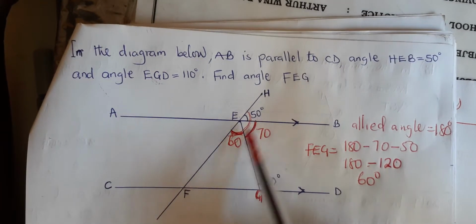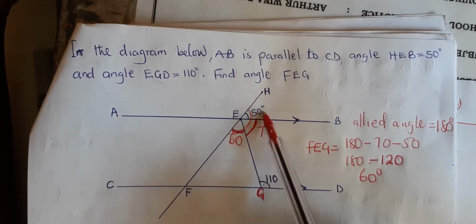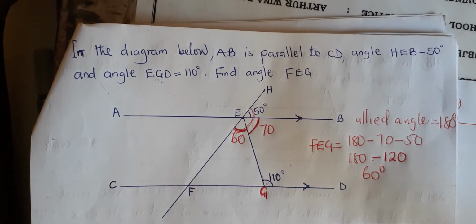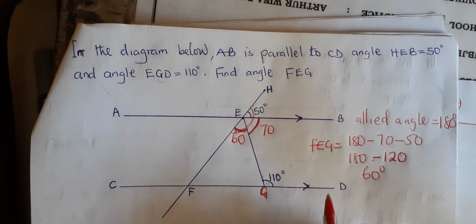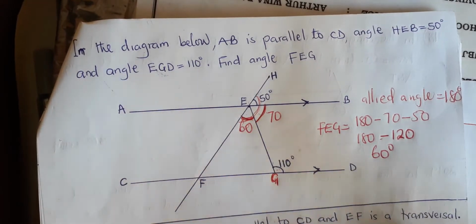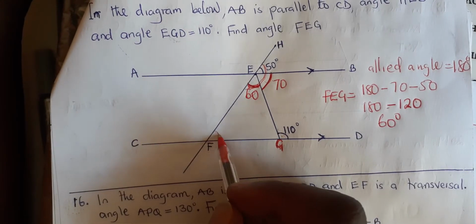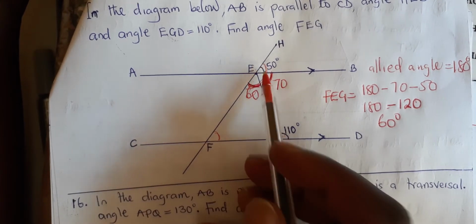When we add these angles, they give us 180. You should also have known that since that angle there is 50, even this one here is 50. Why? These are corresponding angles.